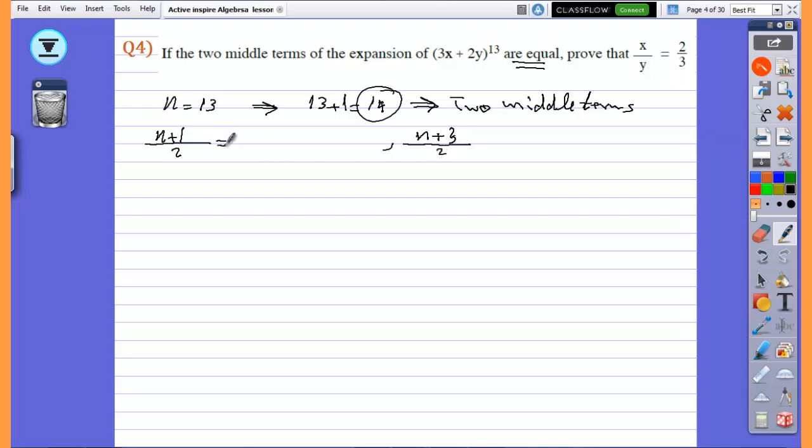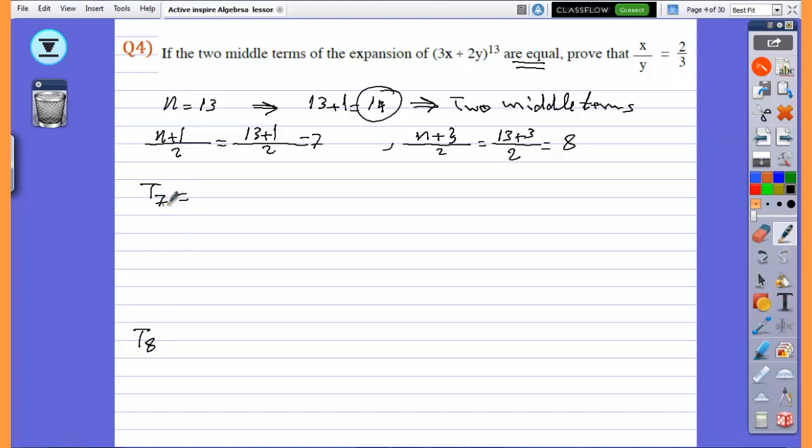So here n is 13, plus 1 over 2 equals 7, and here it is 13 plus 3 over 2, which equals 8. So the two middle terms are T7 and T8.